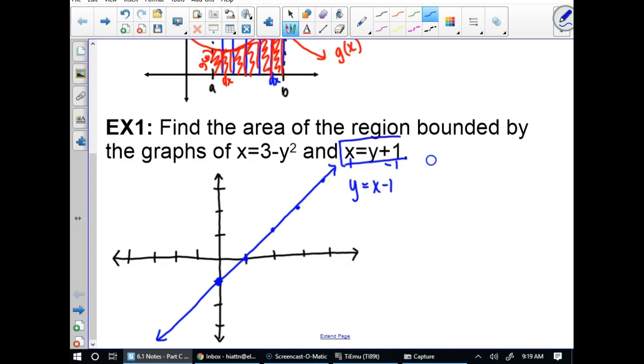Now that is y equals x minus 1, but it's also x equals y plus 1. And if you really want to think about things backwards, it has an x-intercept at 1. There's your plus 1, is your x-intercept. And its slope is still 1, up 1 over 1. But it would be backwards.